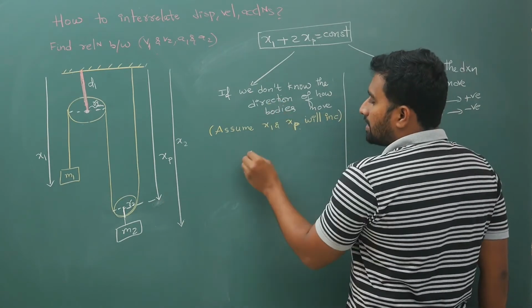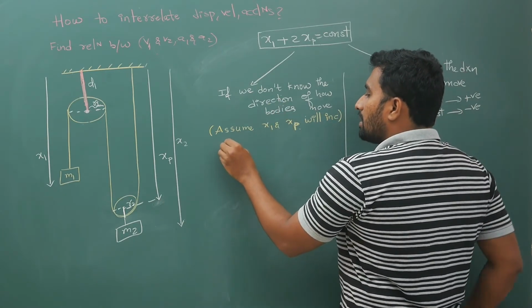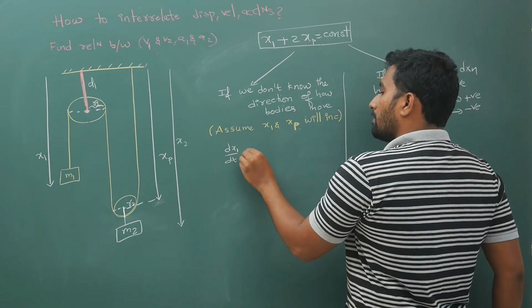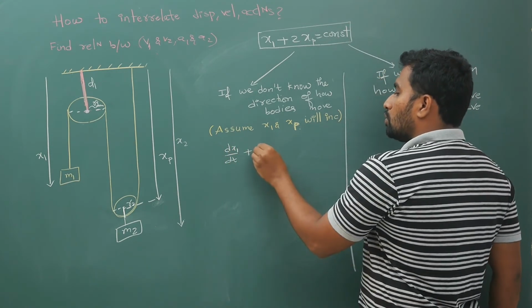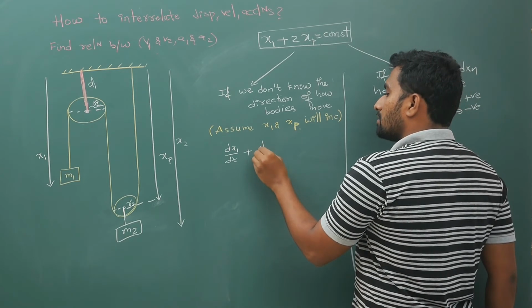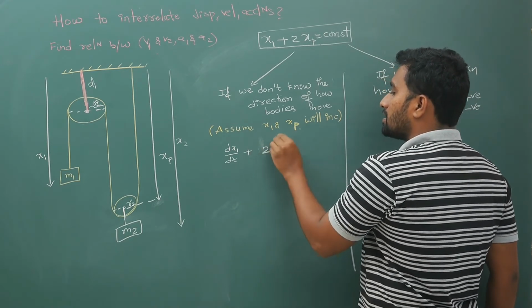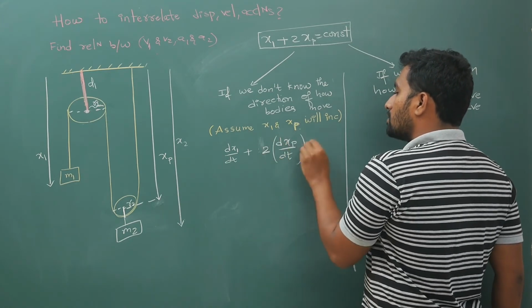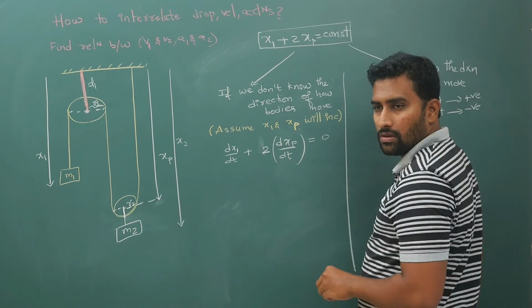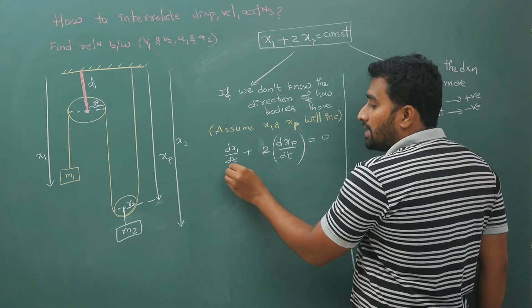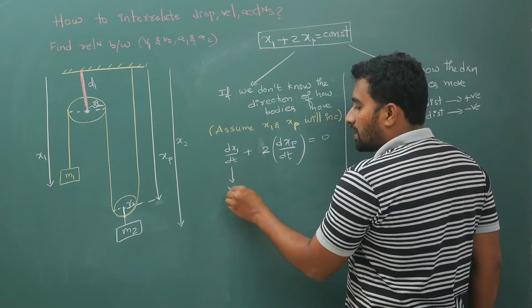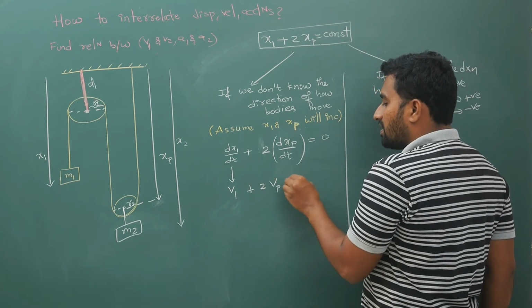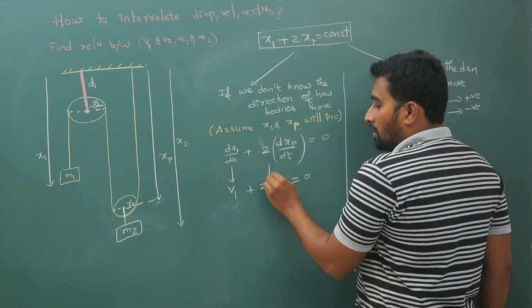So if you differentiate this, dx1 by dt plus 2 times dxp by dt is equal to the derivative of the constant, which is 0. Now x1 is increasing, so keep plus v1. xp is also increasing, so plus 2 times vp is equal to 0.